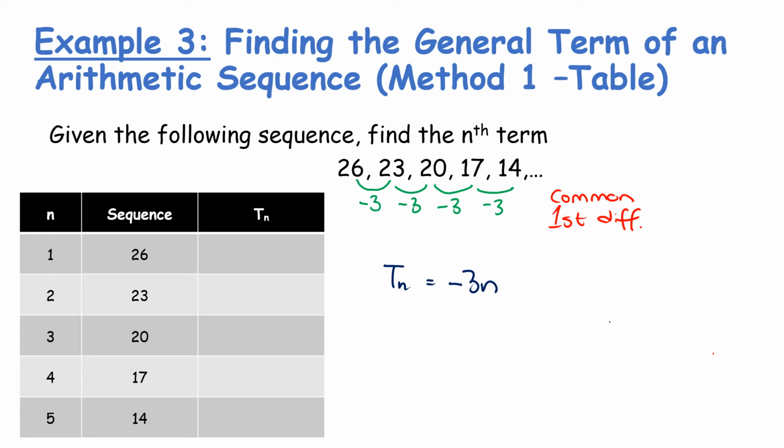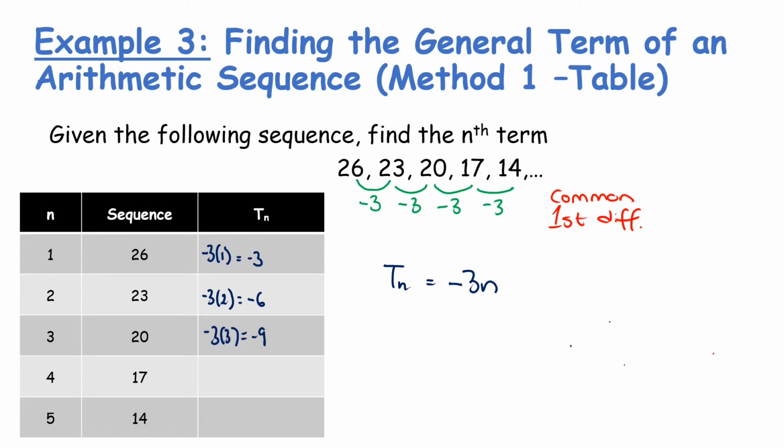So what I'm going to do is say, look, if I have Tn as minus 3n, here I have minus 3 times 1, which is minus 3, and here I have minus 3 times 2, which is minus 6, and minus 3 times 3, which is minus 9.